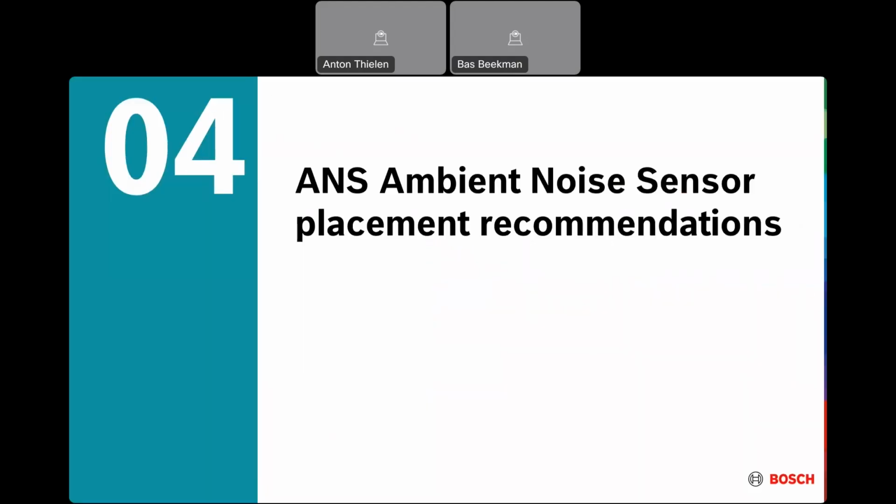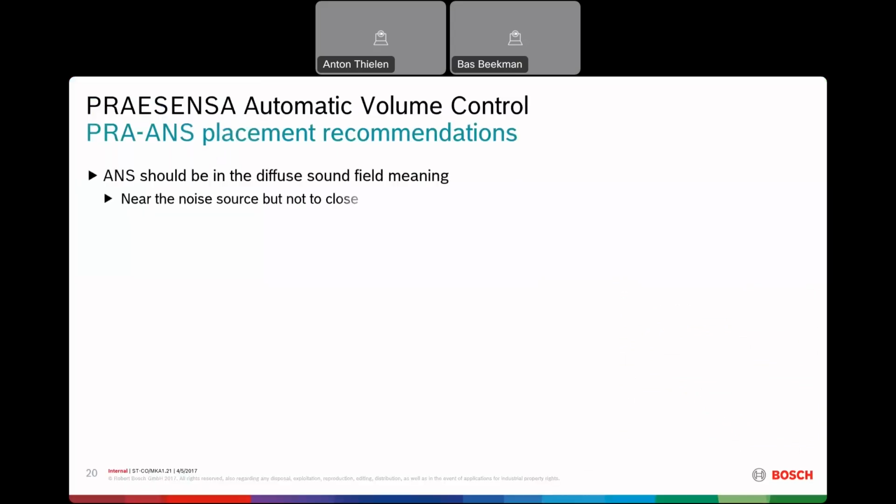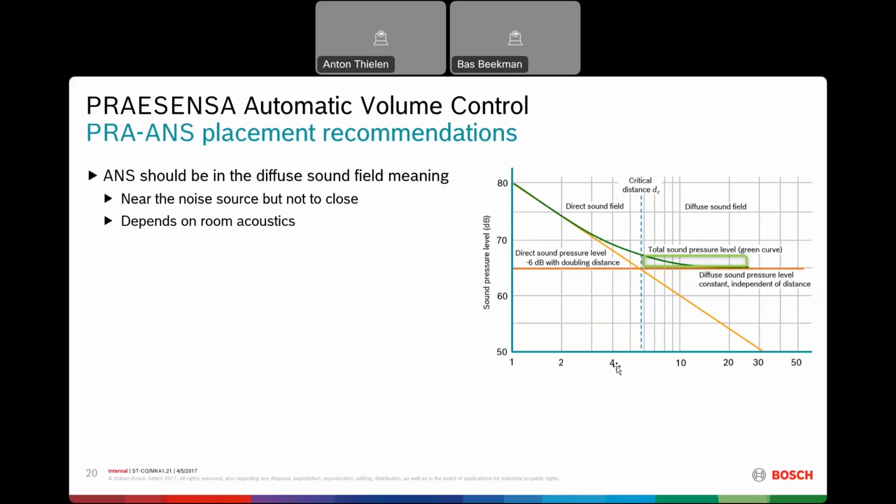So we come now to the ambient noise sensor placement recommendations. For that, I come back to that previous diagram. The ambient noise sensor should be in the diffuse sound field, not in the direct sound field, meaning near to the noise, but not too close. It depends on the room acoustics as well.